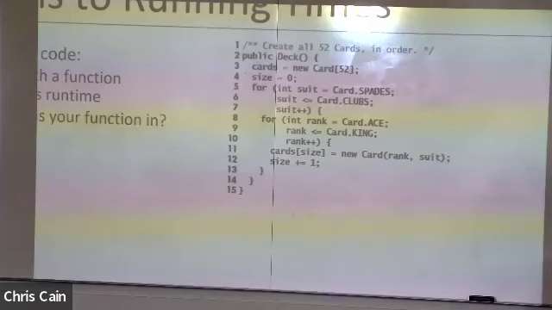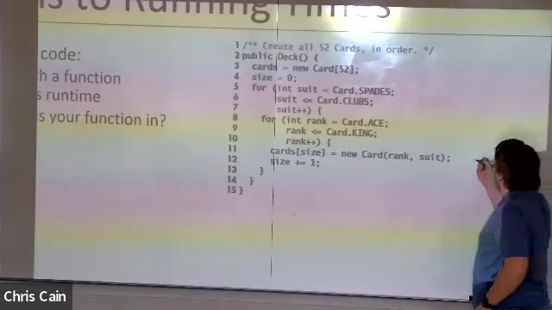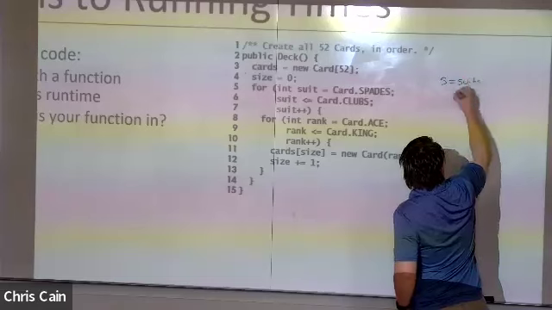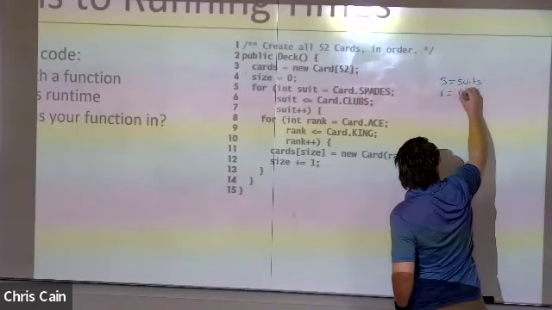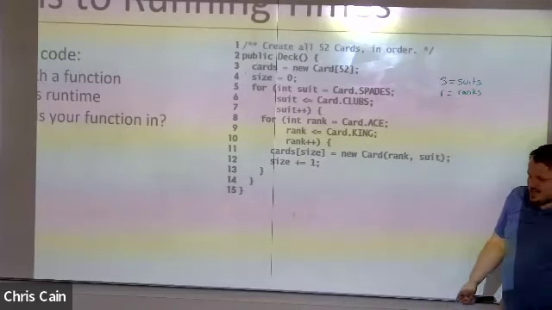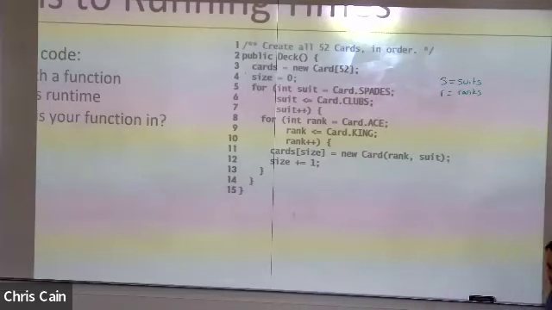Rather than just using n as a single variable, we should use suits and ranks, because some things will depend on the number of suits and some things will depend on the number of ranks. So rather than using n, use s to represent suits and r to represent ranks. So a rank is like a 2, a 3, a 4, a jack, a queen, an ace. And a suit is the clubs, spades, diamonds, or hearts.